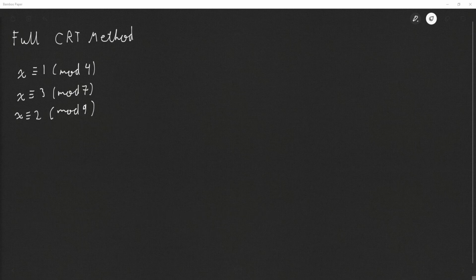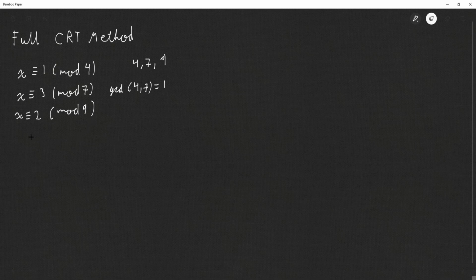So now we have a full example where we're going to use the entire Chinese Remainder Theorem method. We have x is congruent to 1 modulo 4, x is congruent to 3 modulo 7, and x is congruent to 2 modulo 9. We're able to use the CRT because 4, 7, and 9 are all pairwise coprime, which means that the GCD of 4 and 7 is equal to 1, the GCD of 4 and 9 is equal to 1, and the GCD of 7 and 9 is equal to 1.